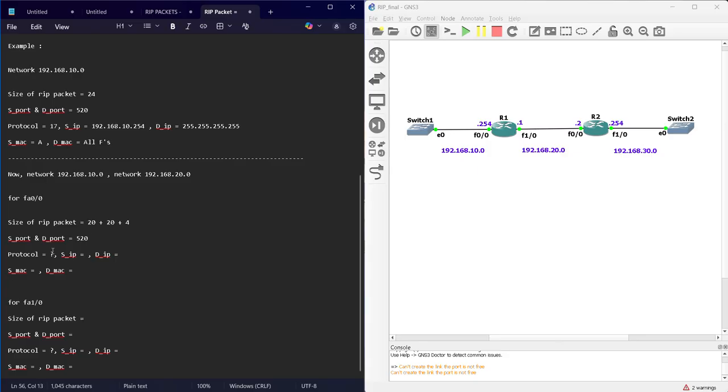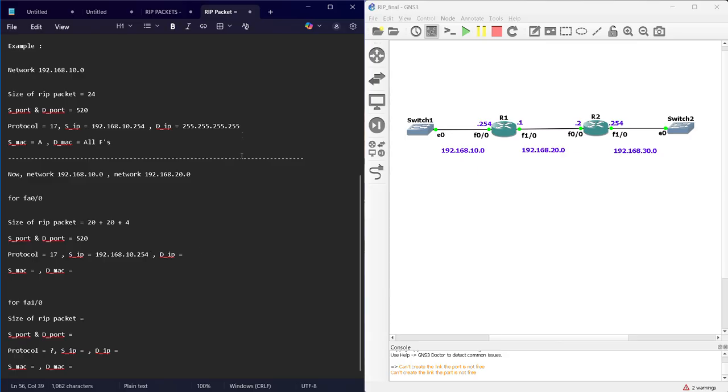And what is the value of protocol? For UDP the value is 17. What is the source IP? We are talking about this FastEthernet 0/0, so the source IP is still the same, 192.168.10.254. What is the destination IP?